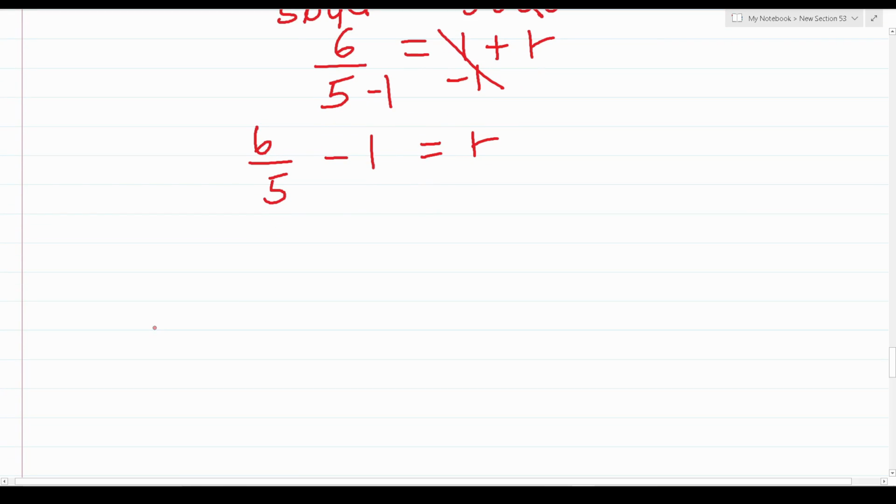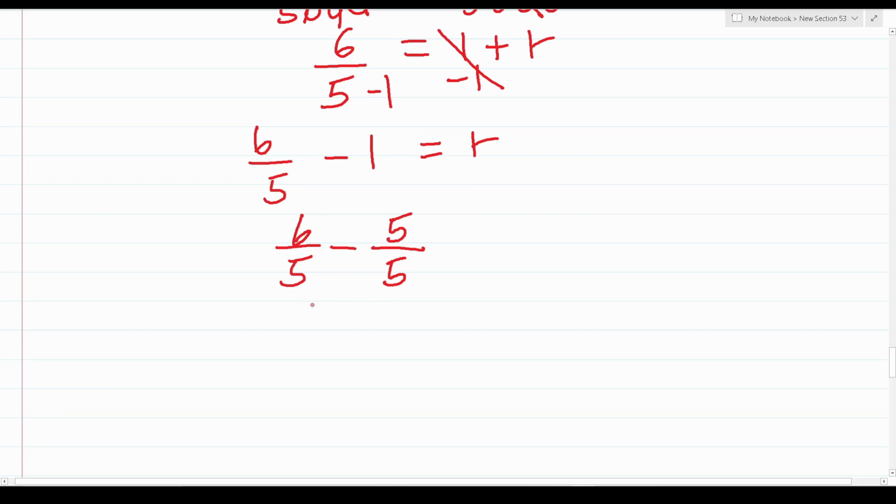And now we have to be good at subtraction involving fractions. And so what I want to do is express this 1 as a fraction. Again, this will become 6 over 5 minus, well, how can I write 1 as a fraction such that it has a denominator of 5? Well, I know 5 divided by 5 is 1.